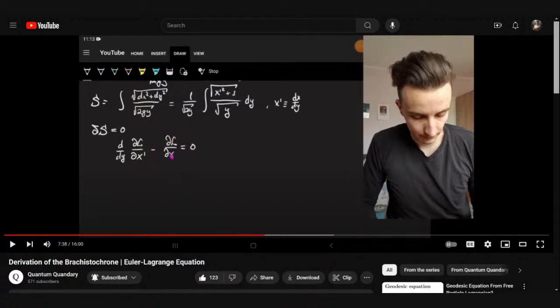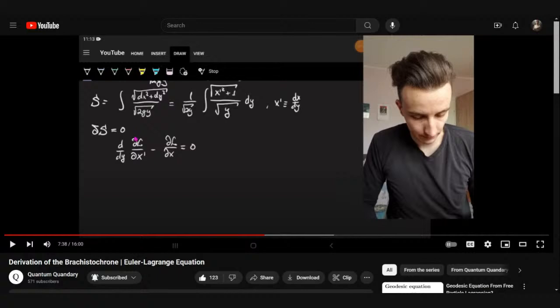So any modification to the path, x is the path according to him, causes a modification to the Lagrangian. And any modification to the derivative of the path again causes modification to the Lagrangian.